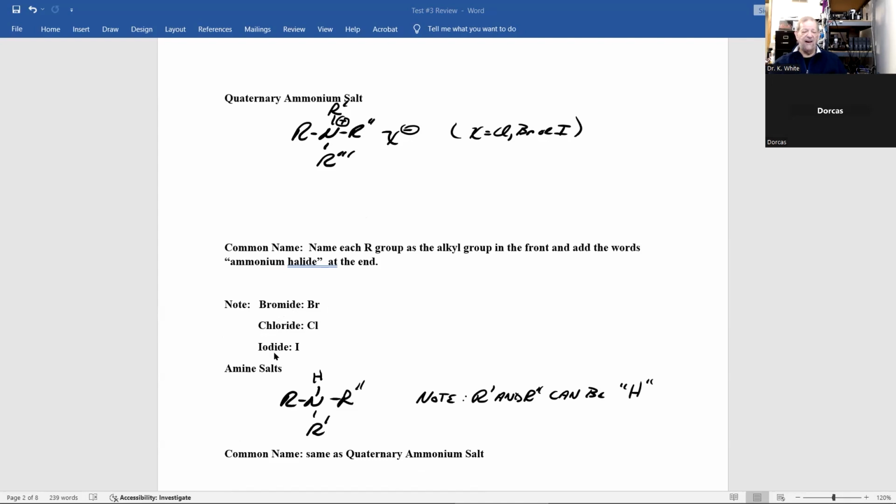Iodine, it's ammonium iodide. Now, quaternary ammonium salts, I mentioned in my lecture, 2 main uses. One, fabric softener. Hope you saw the stories about that in my videos. And the other is an antimicrobial compound, like in the mouthwash I use. I hope you saw that story in my video.